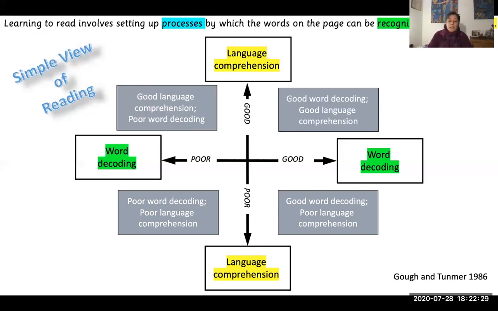This group is about the children who are good at language comprehension. They really understand everything orally, and they have good memory for all these stories and things that they hear. But they are not very good at the technical part, that is to say, word recognition, decoding words.